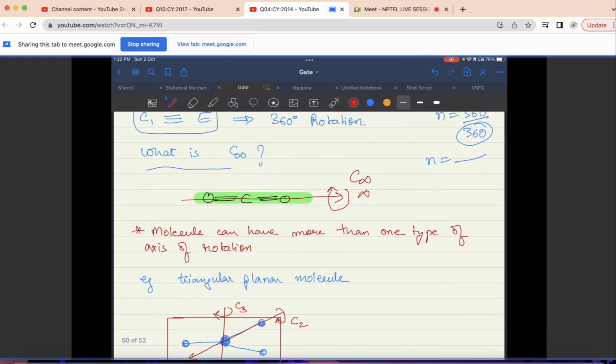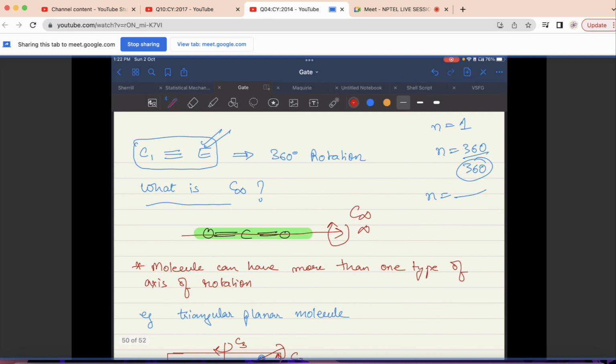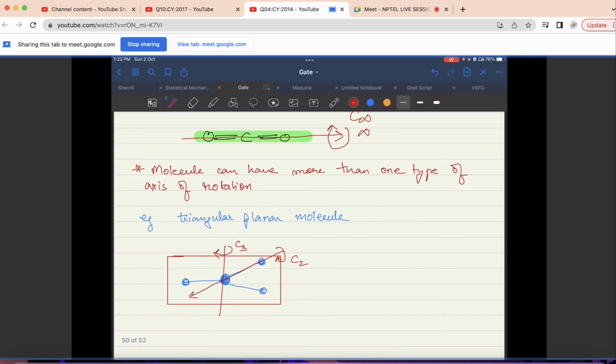So the molecule can have more than one type of axis of rotation. There is a point you should note: it is not particular that a molecule can only have a C2 or C4 or C3 rotational axis, but it can have both or more than 1 axis of rotation. For example, you can see that this is a triangular planar molecule.